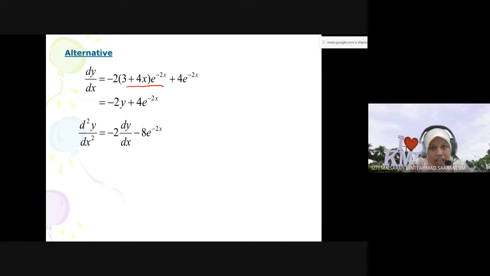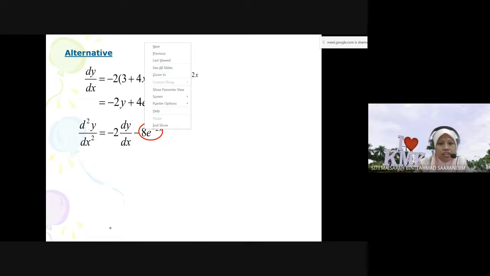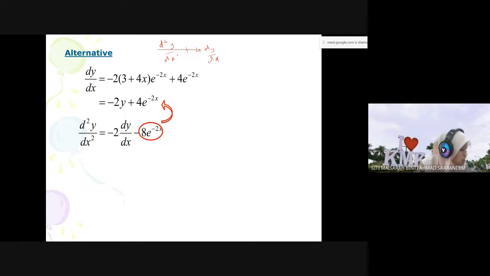Okay, we differentiate dy/dx and we get this. And to show d2y over dx squared plus 4 dy/dx plus 4y equals 0, here we have d2y over dx squared equals negative 2 dy/dx minus 8e negative 2x.